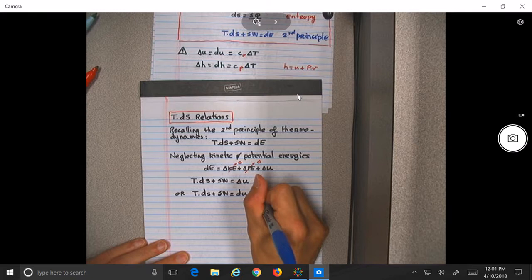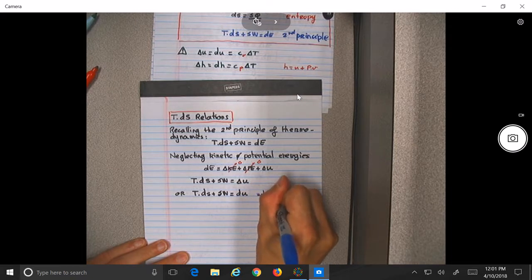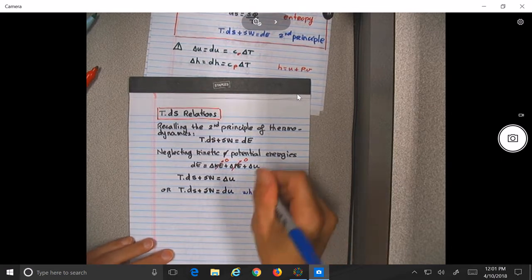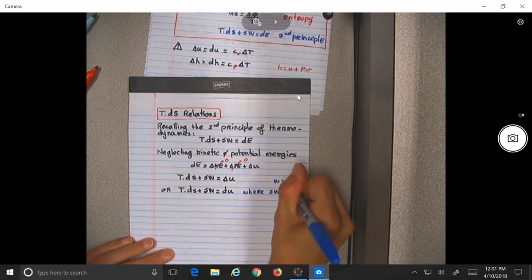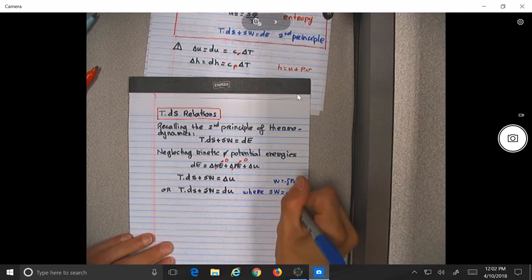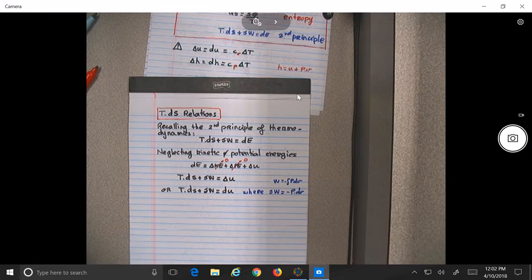Now, what is the work done by the pressure? Minus PdV, no? So what would be the differential of the work if we take the delta? That's why I put the delta, that's the only reason, because it will be before the integration, no? So it will be equal just to minus PdV. That's why I changed the notation, just for this, okay?